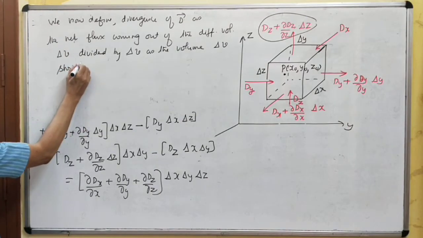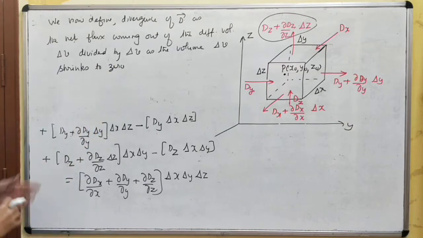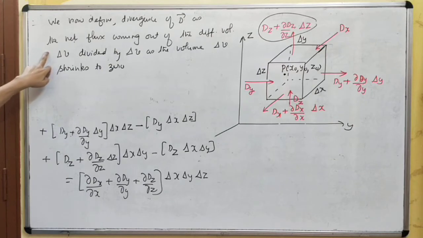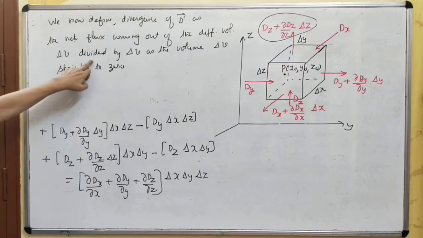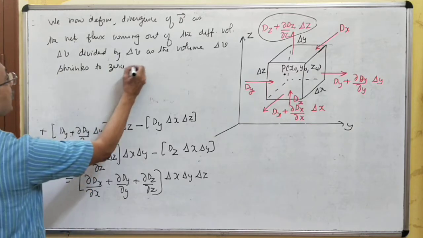What have I written? We now define divergence of vector D as the net flux coming out of the differential volume delta V divided by delta V as the volume delta V shrinks to zero.